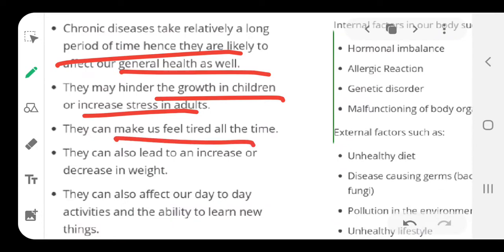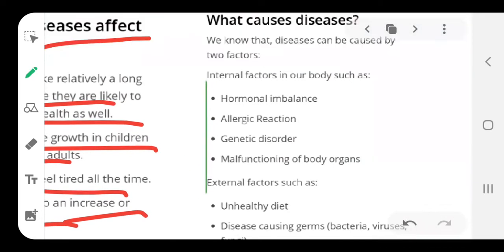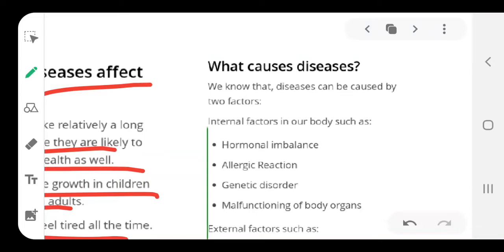They can make you feel tired all the time, and as a result of the illness, there is an increase or decrease in weight depending upon the infection type, and they affect our day to day activity. So, more or less, you can see the whole system is affected.